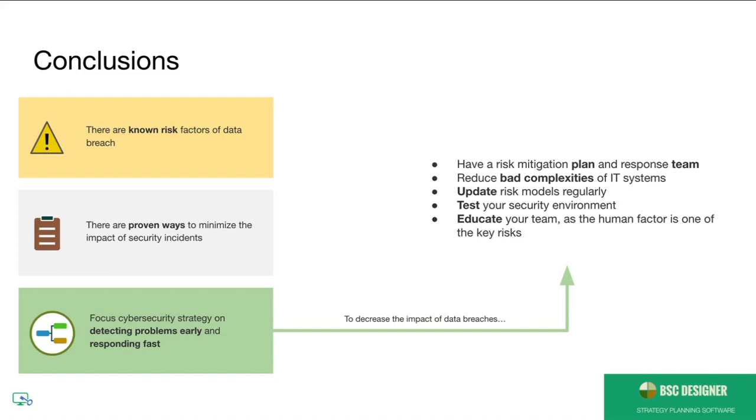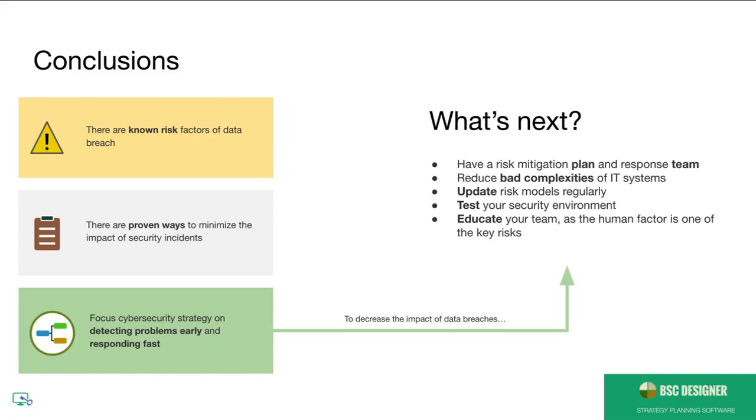To decrease the impact of data breaches, have a risk mitigation plan, have a response team, reduce bad complexities, update risk models regularly, test security environment. Finally, educate your team, as the human factor is one of the key risks.